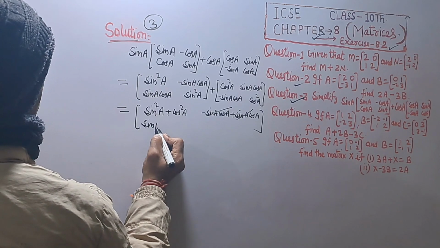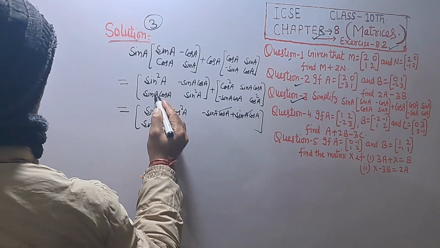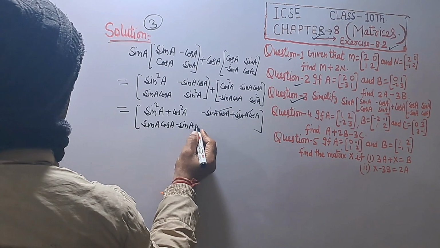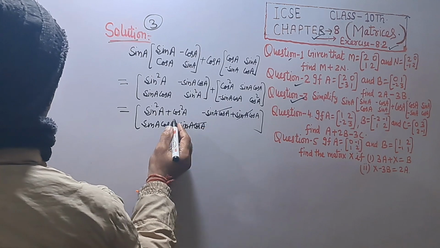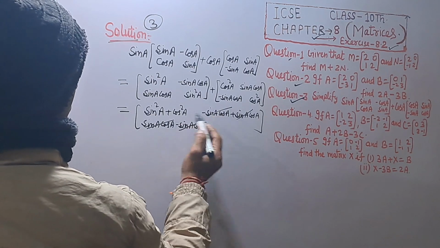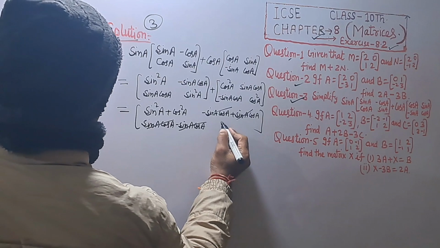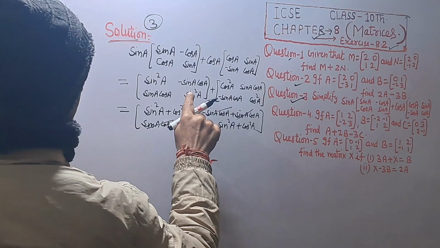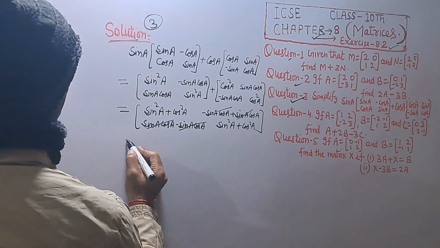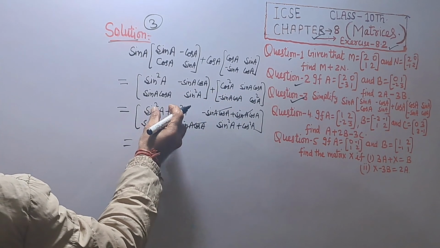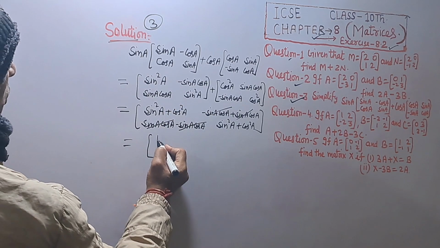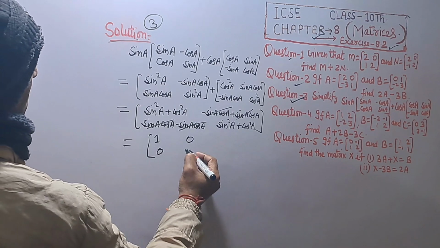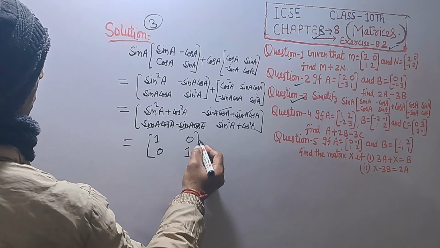And sin A cos A plus minus, that will be minus sin A cos A, this also cancels. And 0, sin square A plus cos square A. We know that sin square A plus cos square A is equal to 1, and this is 0, 0, sin square A plus cos square A equal to 1.